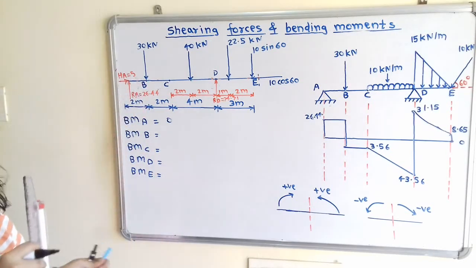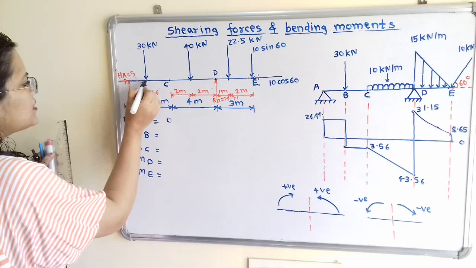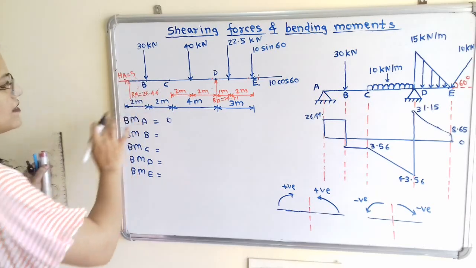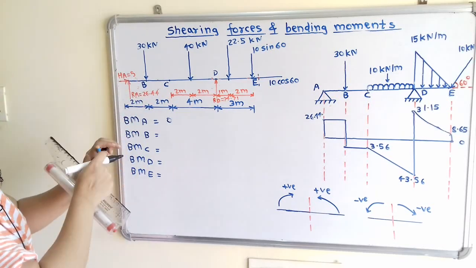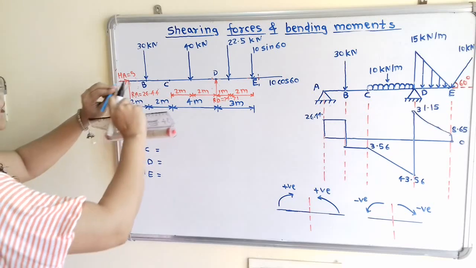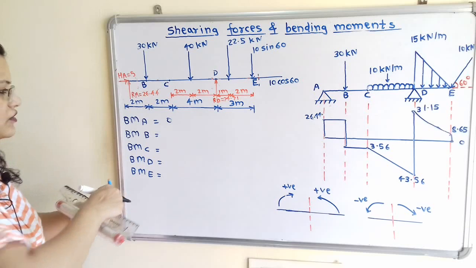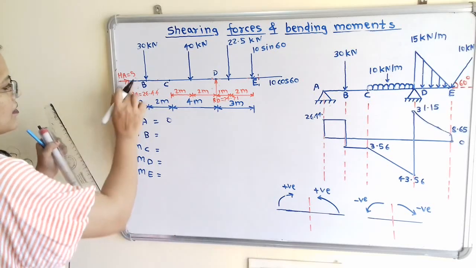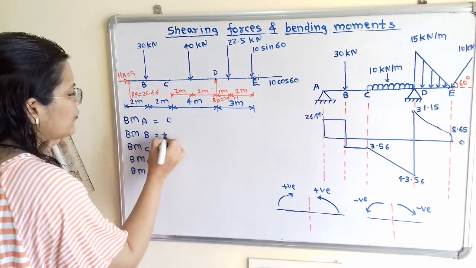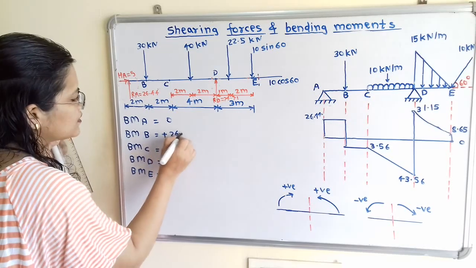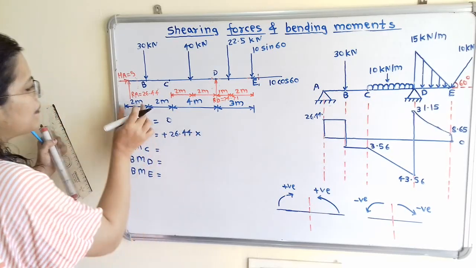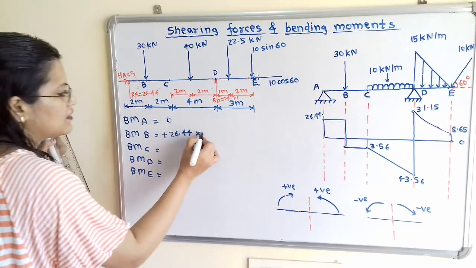Now we will move to the point B. Now for this point B, on left hand side there is RA. So if I move the compass about point B in the direction of RA, then it is clockwise direction. So we will consider the positive sign. So with positive sign, 26.44 multiplied by distance in between AB, that is 2.